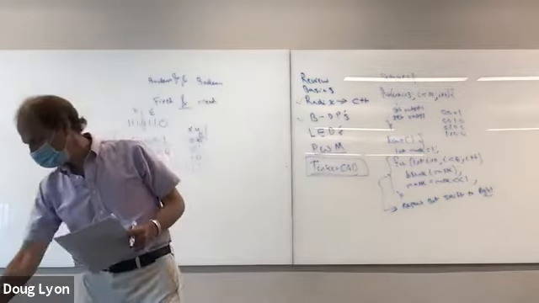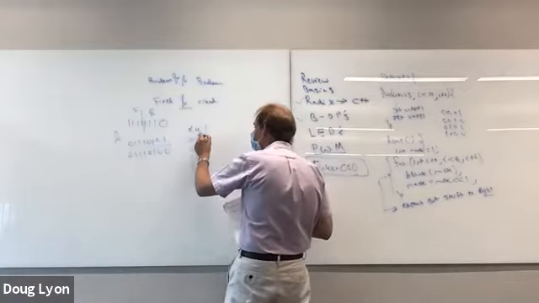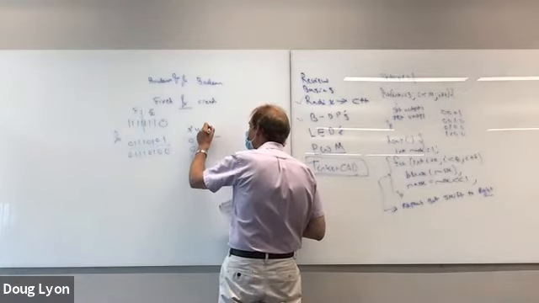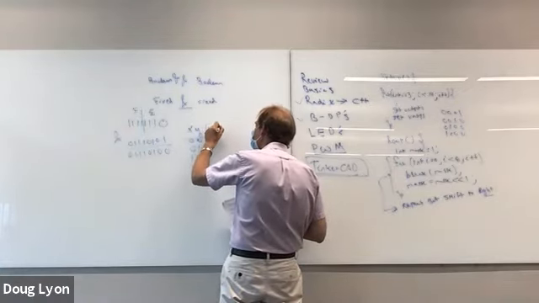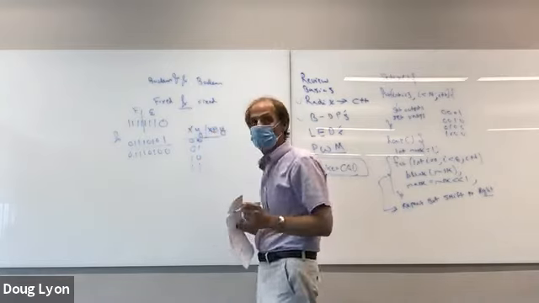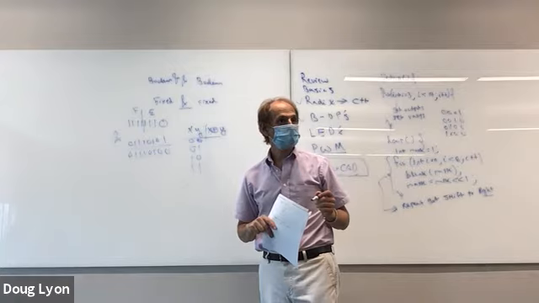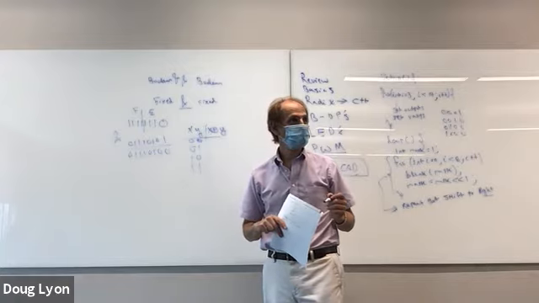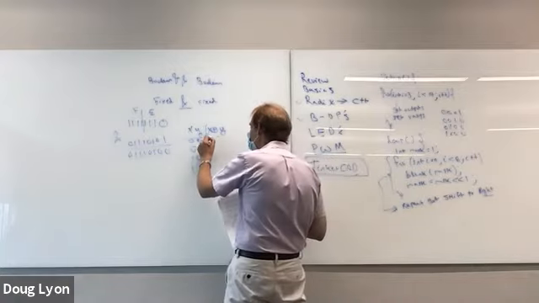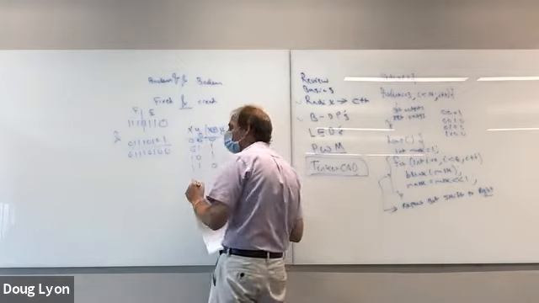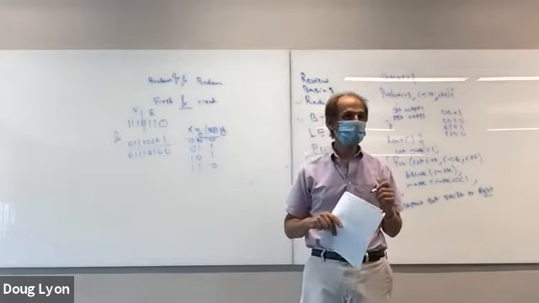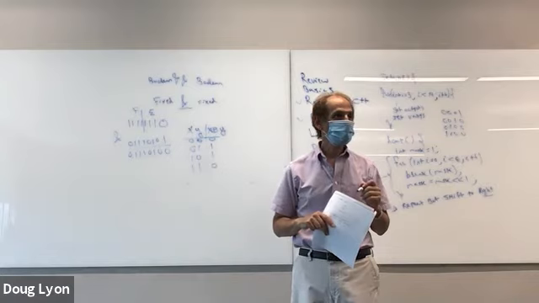Suppose you wanted a truth table that kind of looked like this. X exclusive or Y. Exclusive or is a basic Boolean operation. The output is going to be 0, 1, 1, 0. That's what we think of when we think about exclusive or.